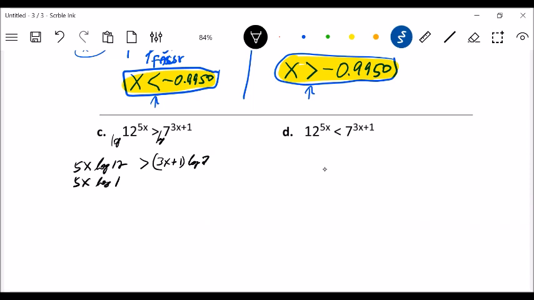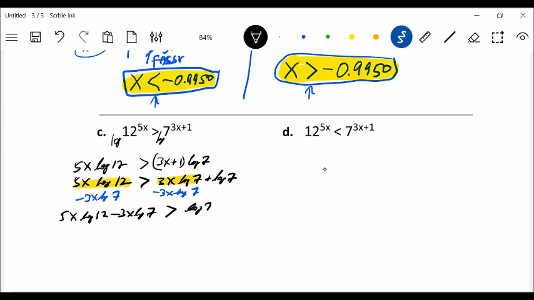I'm going to multiply log 7 through: 3x log 7 plus log 7. Now I'm going to move the two terms that have x's to the same side, subtracting 3x log 7. So I now have 5x log 12 minus 3x log 7 greater than log 7.